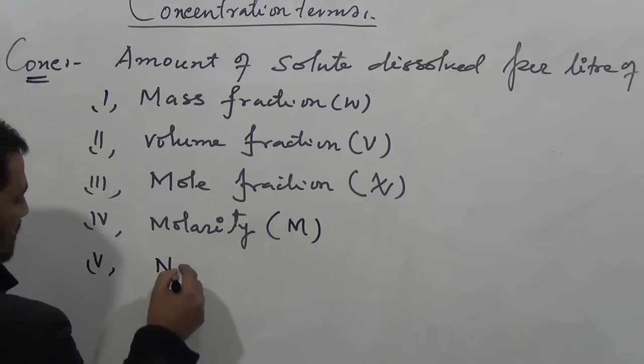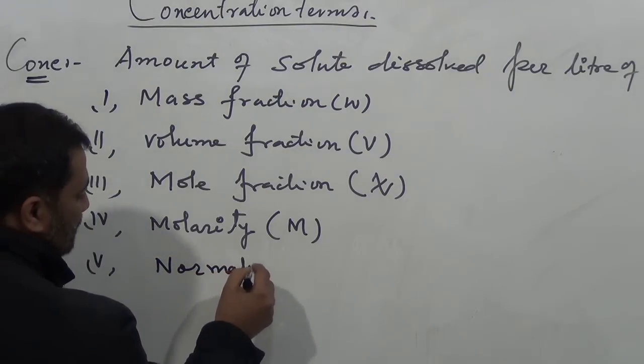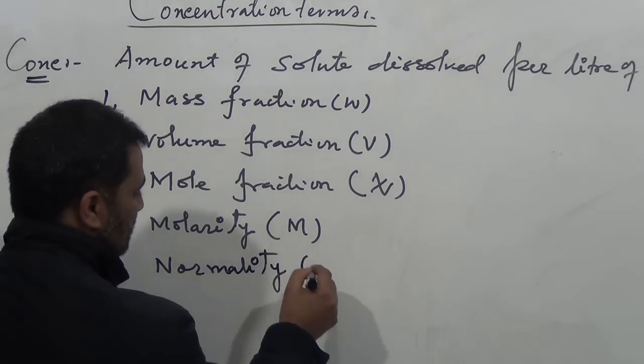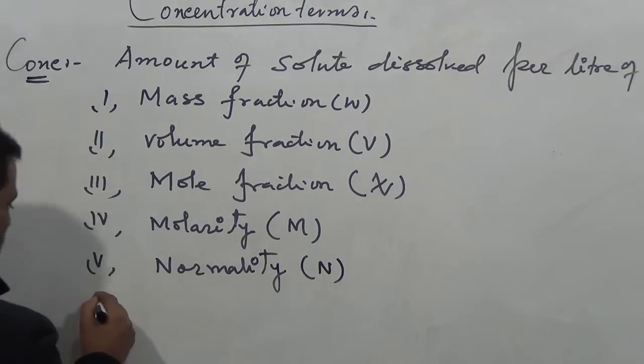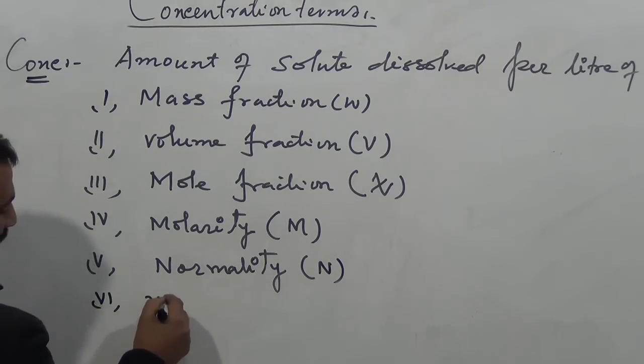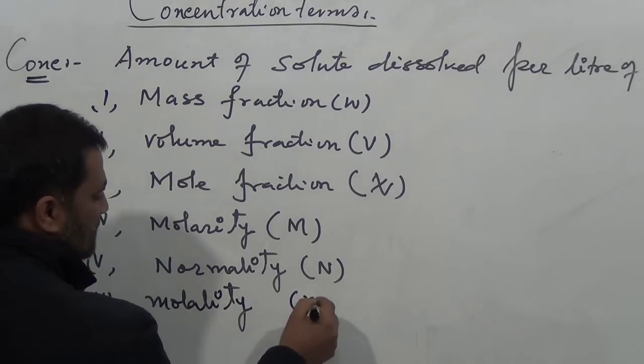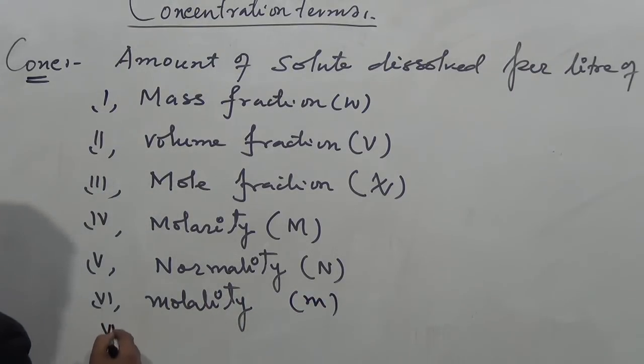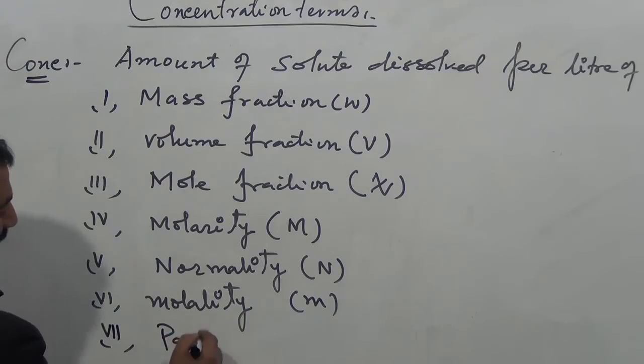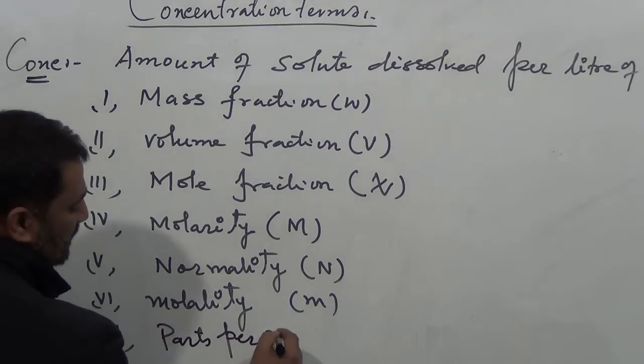Fifth, it is normality. It is denoted by capital N. Then we have molality. Molality is denoted by small m. And at last we have parts per million.